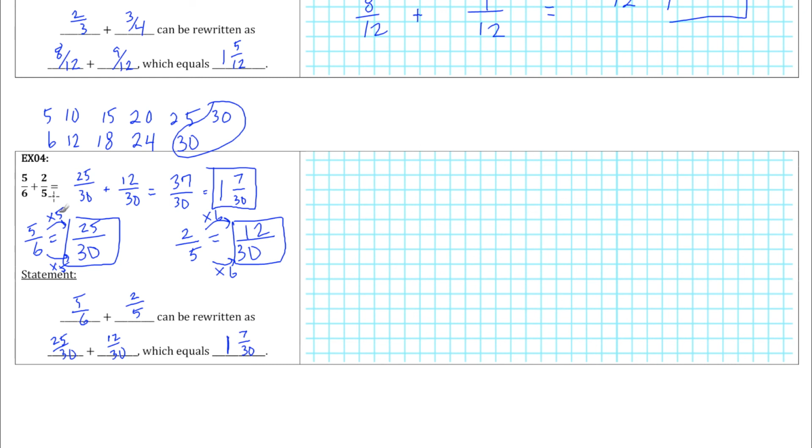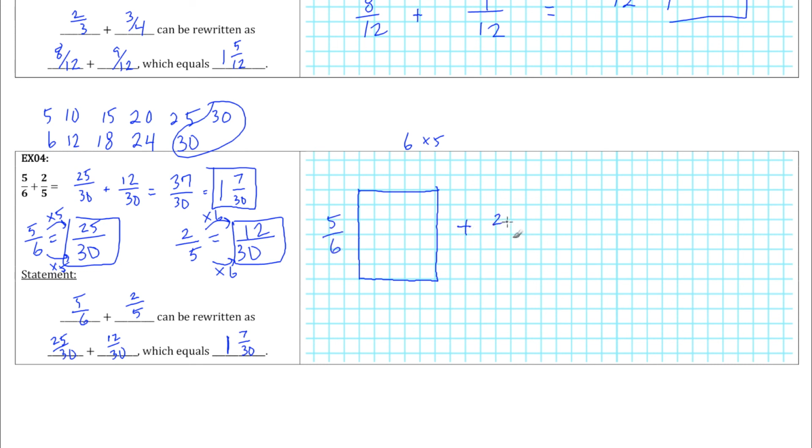So remember, we look at the denominators, 6 and 5. So we do 6 by 5. So 1, 2, 3, 4, 5, 6, 1, 2, 3, 4, 5. Okay. This will be our 5/6.